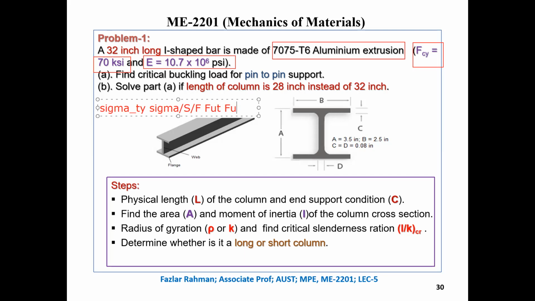If we find sigma UC, what does it mean? Ultimate compressive strength. So over here, SY is given, 70 KSI, E is given.